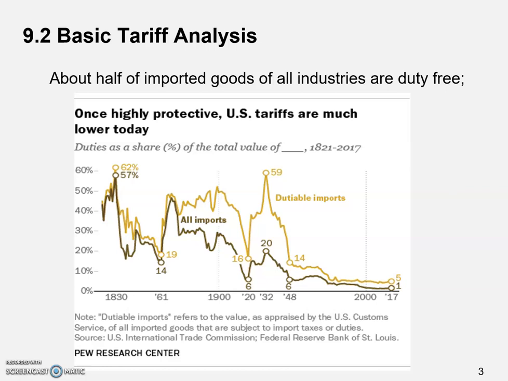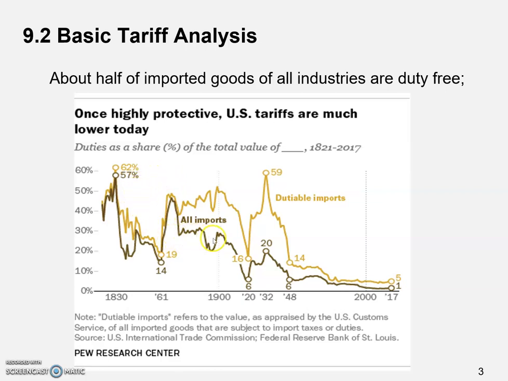It was made by the Pew Research Center. As you can see, in the early 19th century, duties as a share of the total value of all imports, this dark brown line, actually reached 57%. So that's a pretty high share.